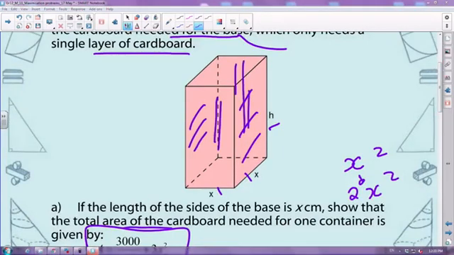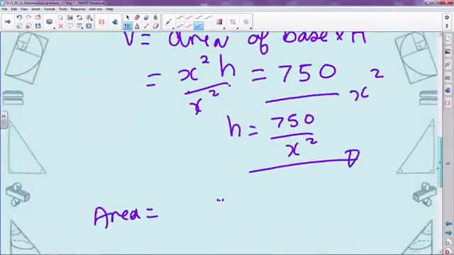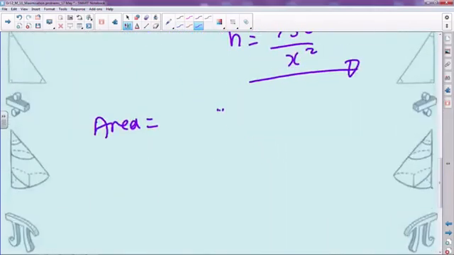So if I look at one rectangle on the side here, I can see that the area of that rectangle is going to be length times breadth, so it's going to be x times h, but there's 4 of those side pieces. So therefore the area will be the area of the sides plus the area of the base.